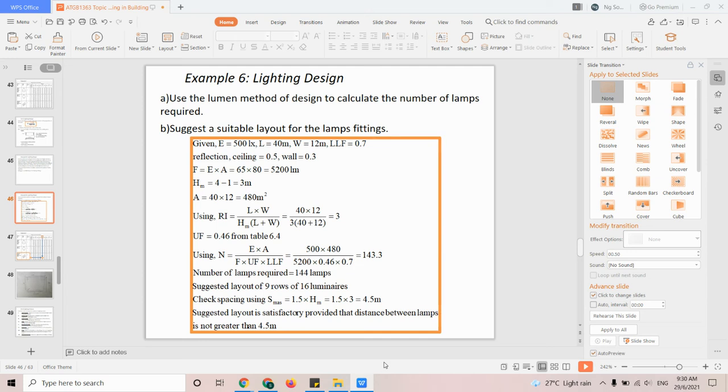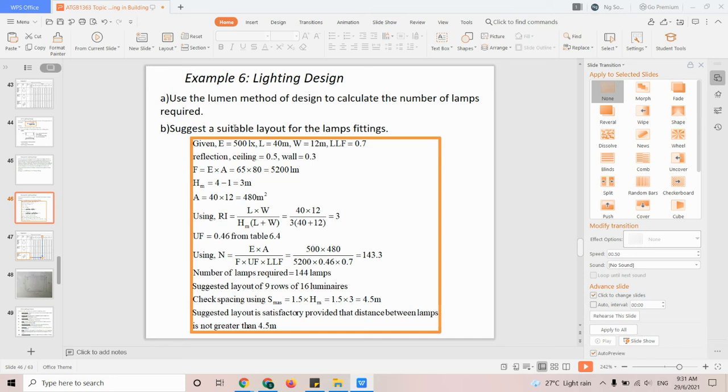If you round it down, then you will not meet your light requirement. So whenever you have a decimal point, also round it up. Okay, so this is for your part A. You are able to find out that you need 144 lamp based on your lumen method.